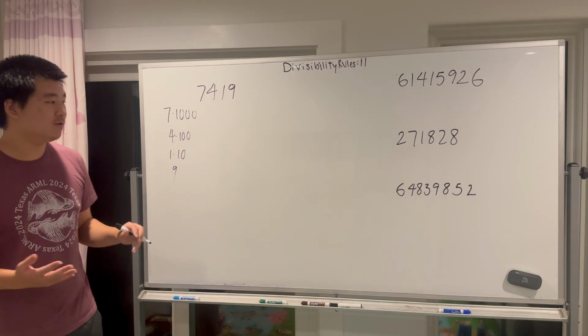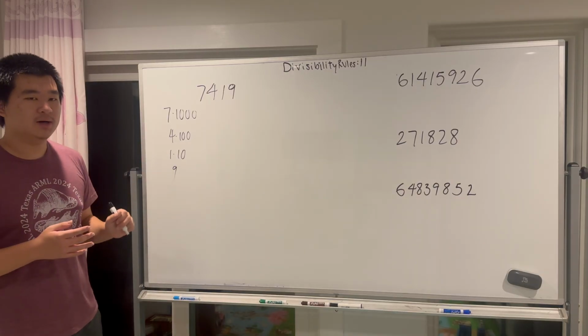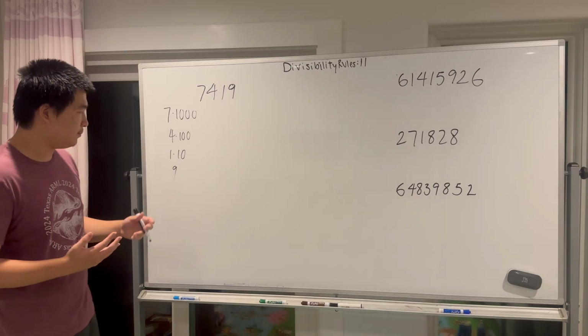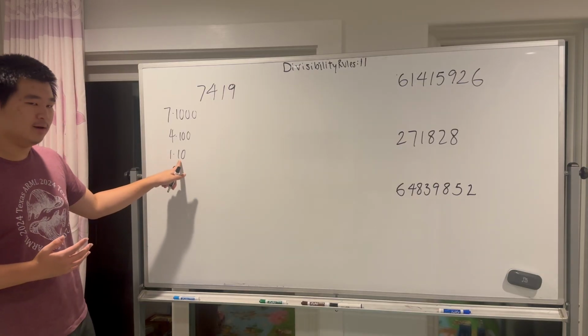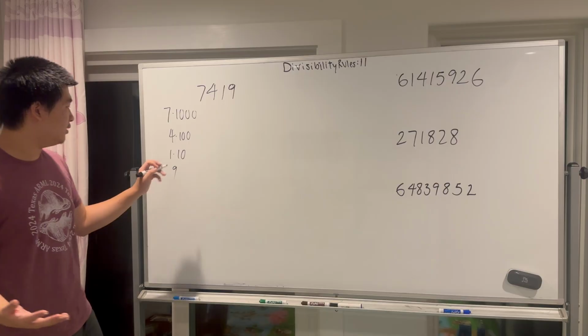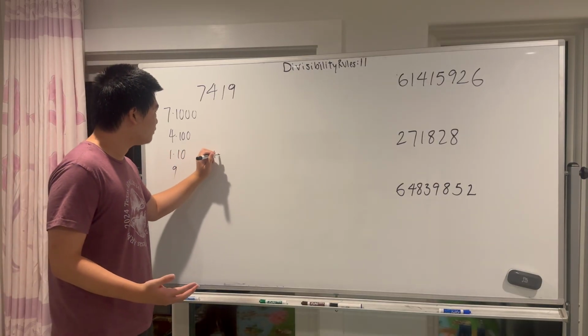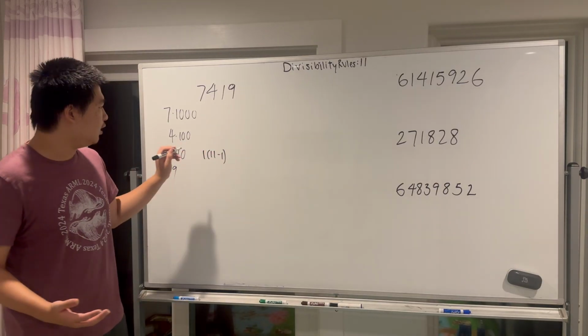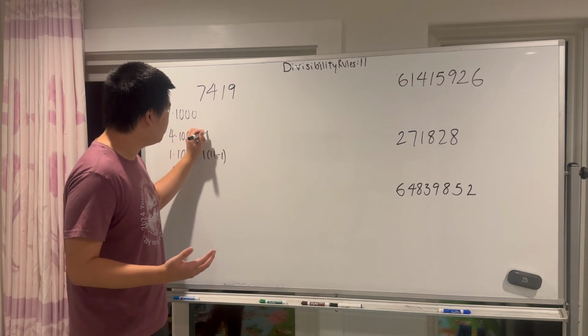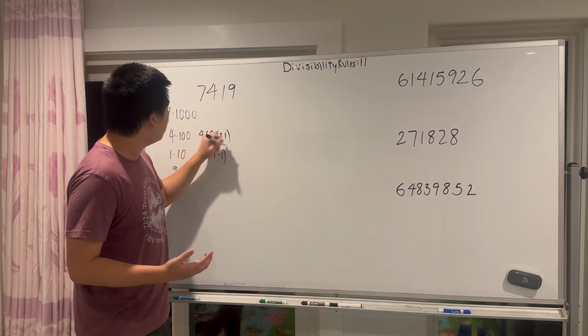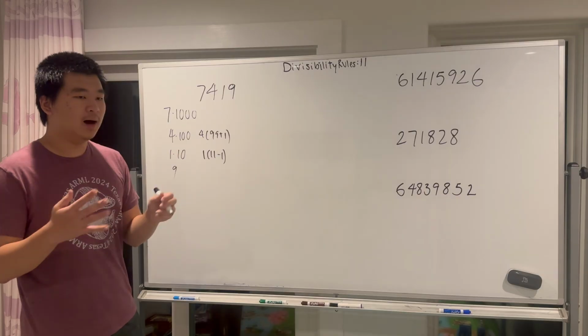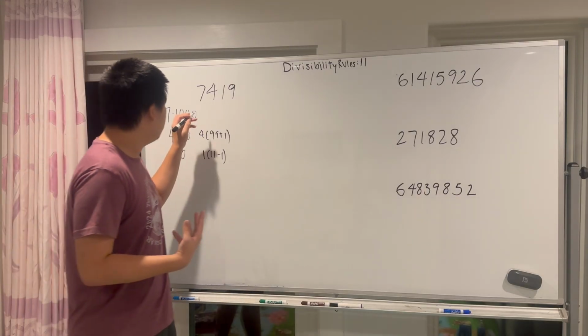So we can't do that. But we can do something else, because 11 is also a special number. Notice that 10 is 11 minus 1. 100 is 99 plus 1. And 1,000 is 1,001 minus 1.